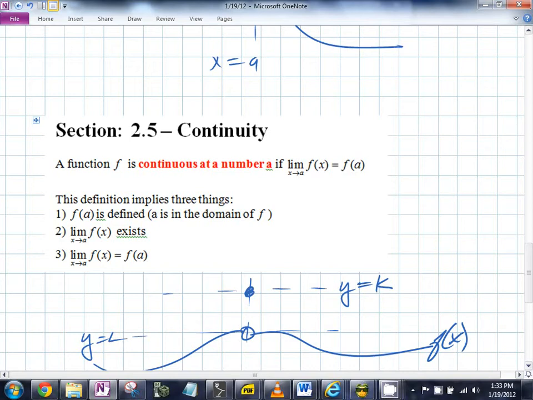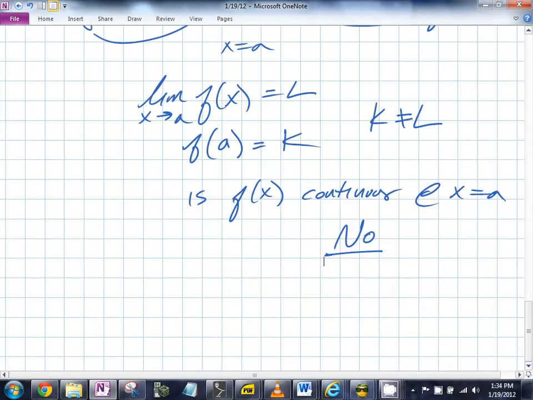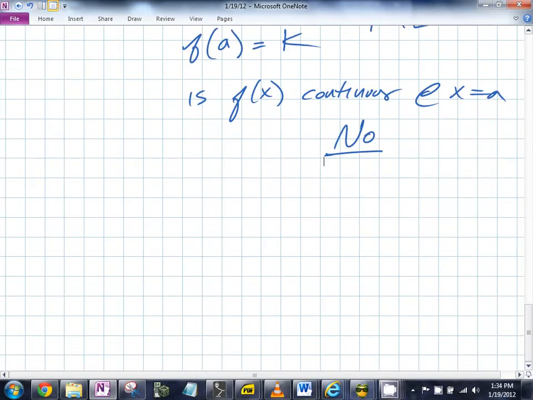A key thing, though, is a function is made up of how many points, generally speaking? An infinite number of them, correct. So can you prove a function is continuous by saying it's continuous here, here, here, here, here? Can you check an infinite number of points one by one?